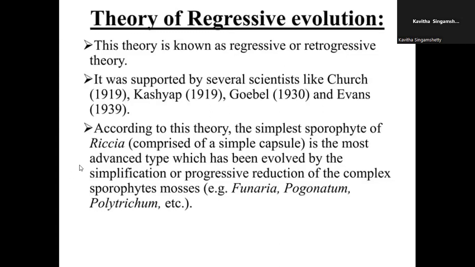So it was observed that Riccia, the advanced type of sporophyte, was evolved from the higher forms where the complexity is more. Due to the reduction in the complexity, the sporophyte of Riccia was considered to be the advanced type of sporophyte.